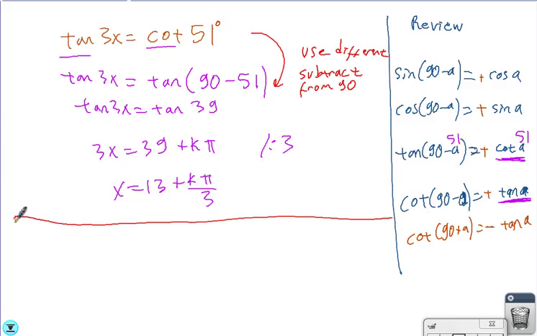So now, this is the question for you. What if you have sine of x over 2 is equal to cosine of 10 degree? Try this one. Pause the video and try to solve this one by yourself, everybody.